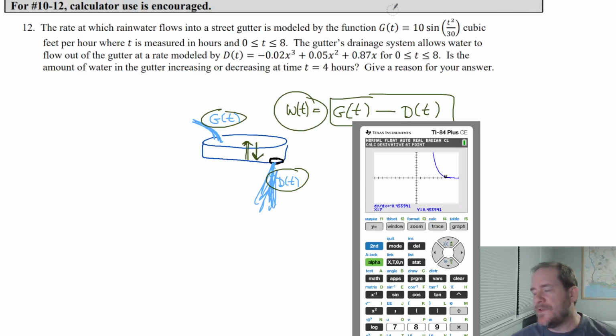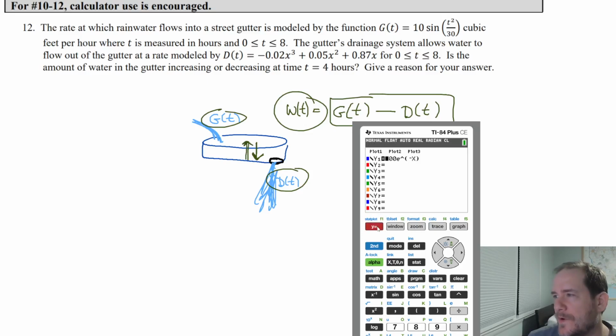So again, we could do this a couple of ways. We're certainly expected to do it in our calculator though, so you're going to grab your calculator, which I guess I left turned on anyway. And you're going to enter the two functions, y equals, clear. I want 10 sine x squared over 30.